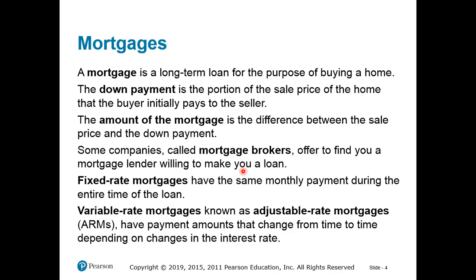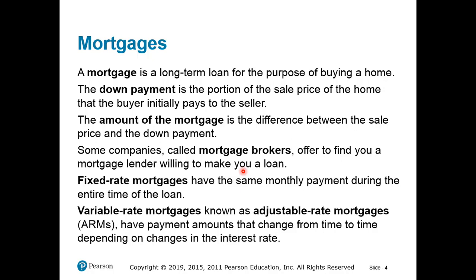Some companies called mortgage brokers offer to find you a mortgage lender willing to give you a loan. Mortgage brokers shop around, do the legwork, and try to find a lender that's willing to give you a loan.